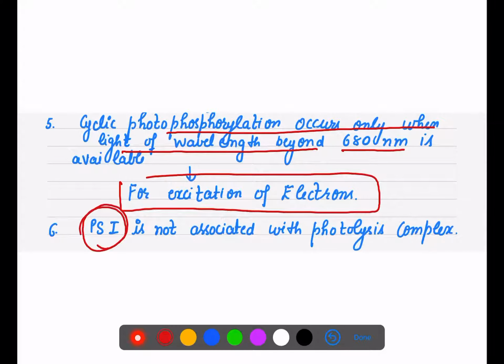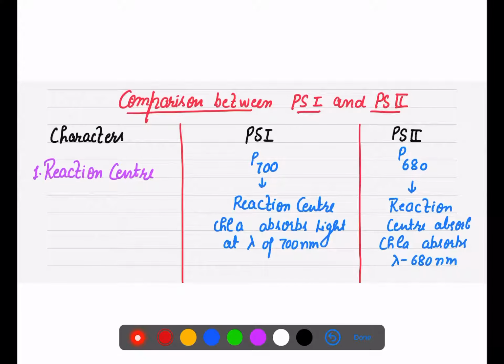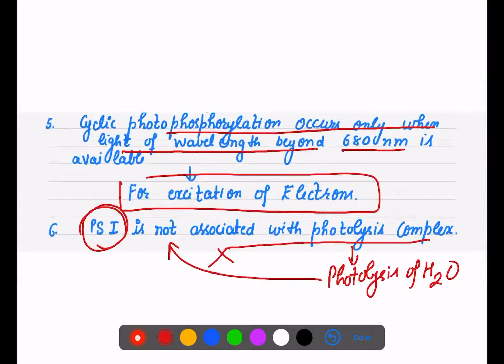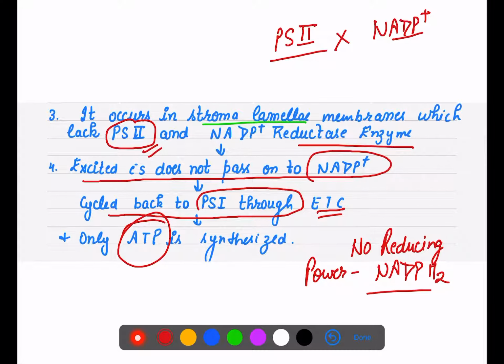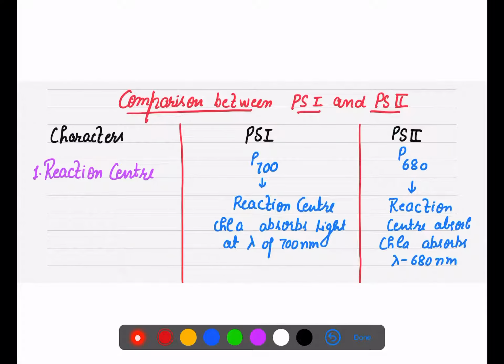Photosystem 1 is not associated with the photolysis complex. Here we are talking about the photolysis of water, and photosystem 1 has no relationship with that complex. So this was about cyclic photophosphorylation, which you can write down in your exam when it comes in 3 or 5 marks.